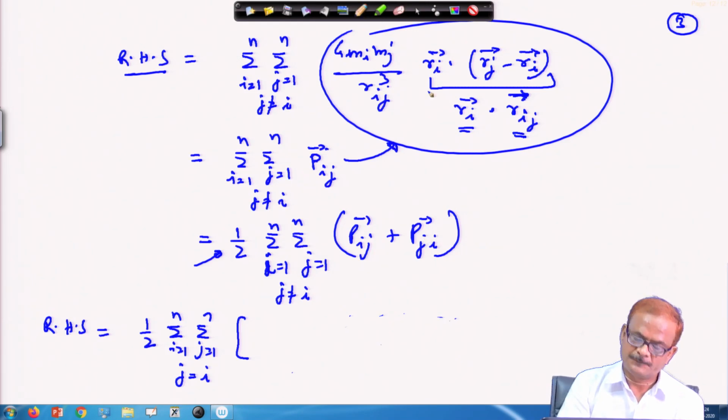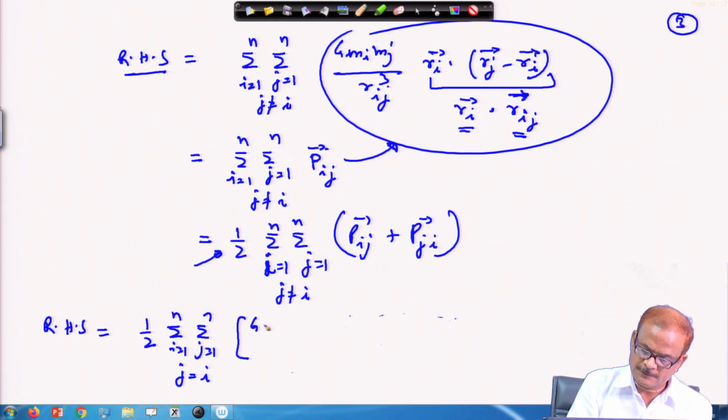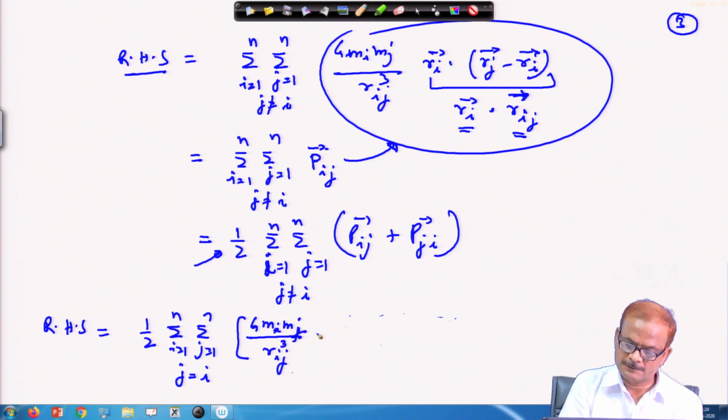So, first we write the p I j term from the above, g m I m j divided by r I j whole cube, then r I dot.